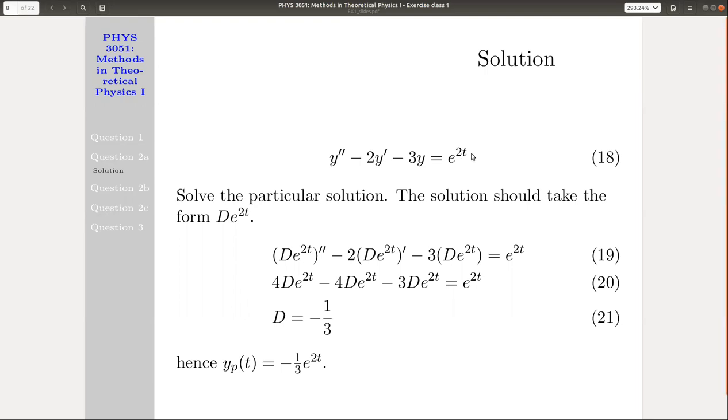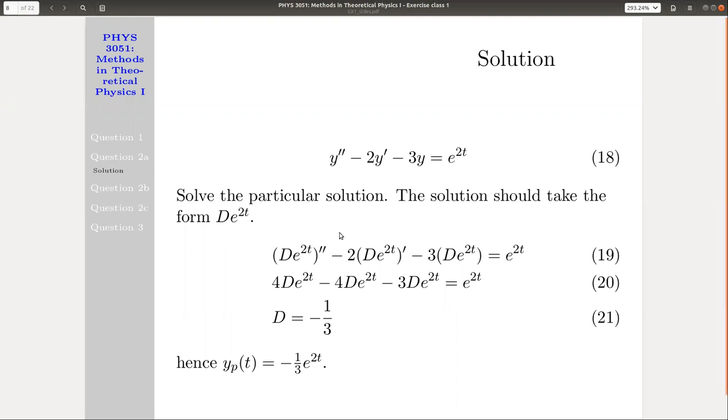If it is an exponential function on the right hand side, say e to the power 2t, then a possible solution would also be an exponential, e to the power 2t, with some scaling factor d in front of it. Then what you have to do now is to solve for d.